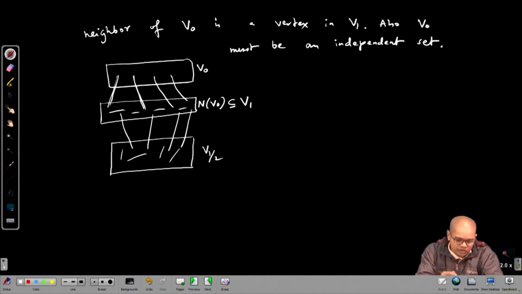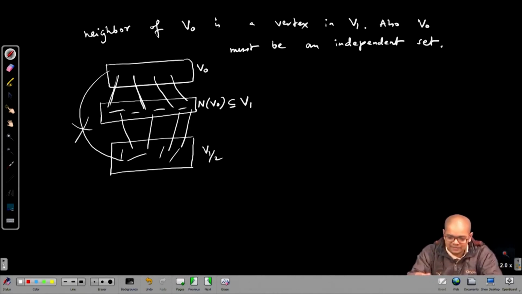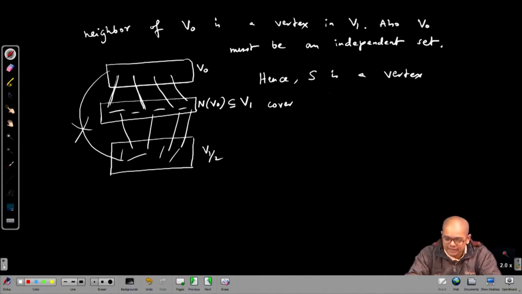And of course, there is no edge between V0 and V half. Hence, S is a vertex cover. It covers every edge. S is a vertex cover of the input instance.